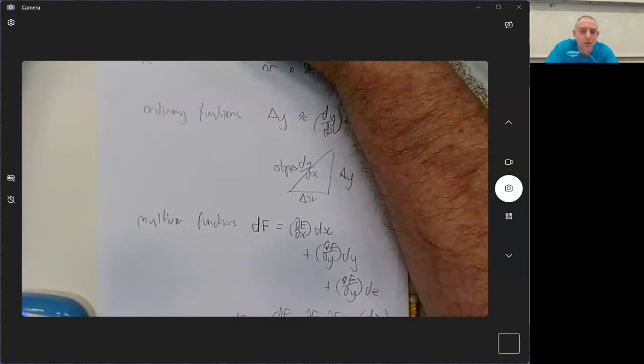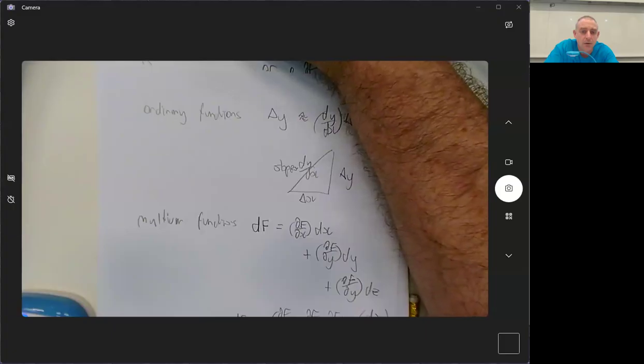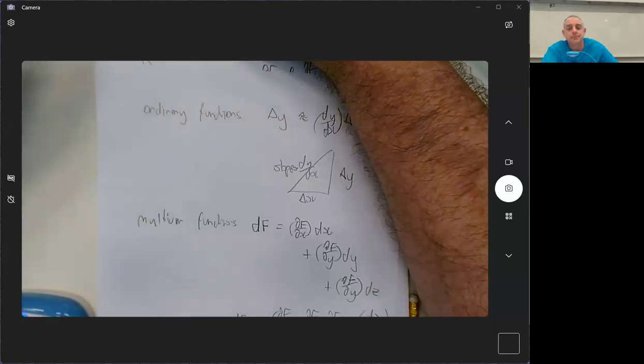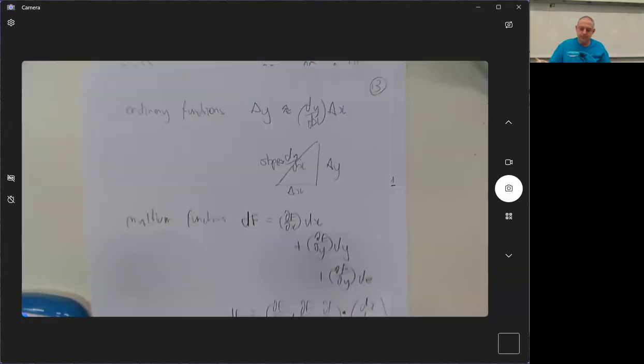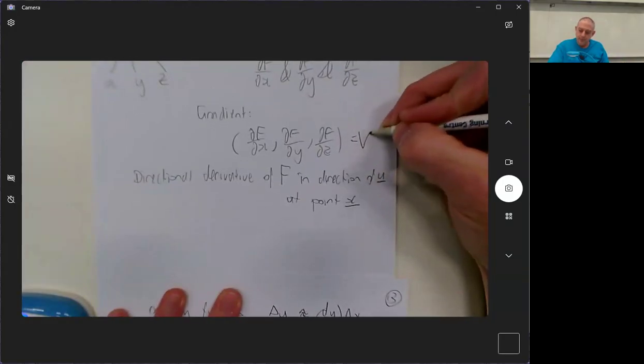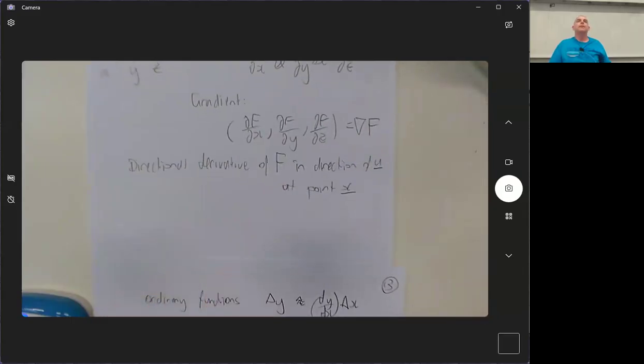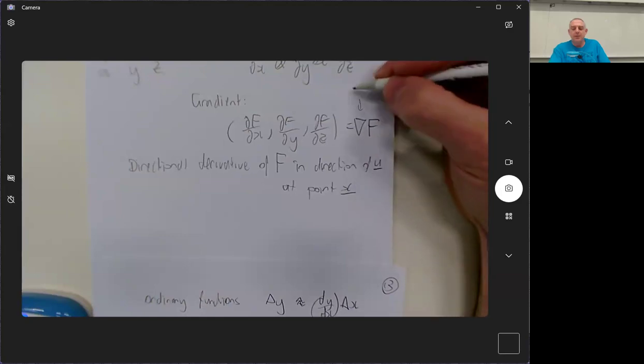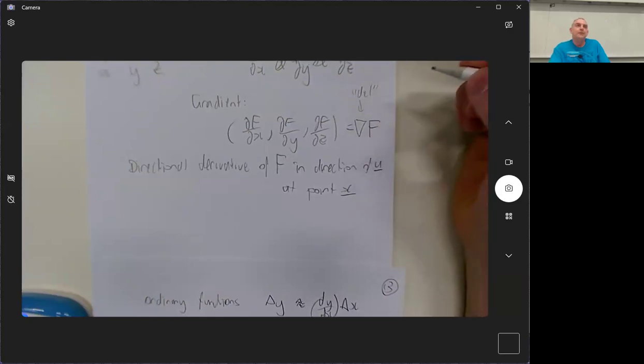Yes, they do. That symbol. Most people pronounce this symbol as del. It's an upside down delta. But anyway.